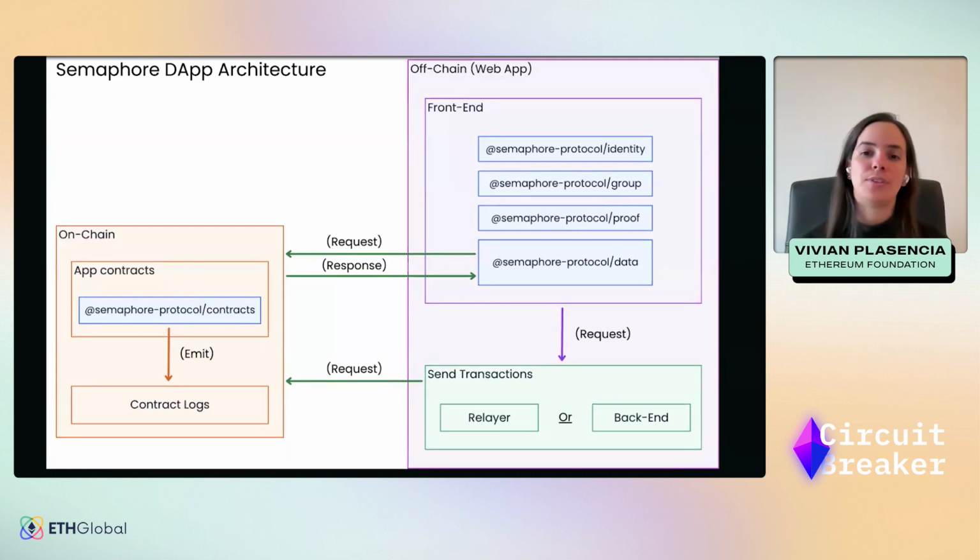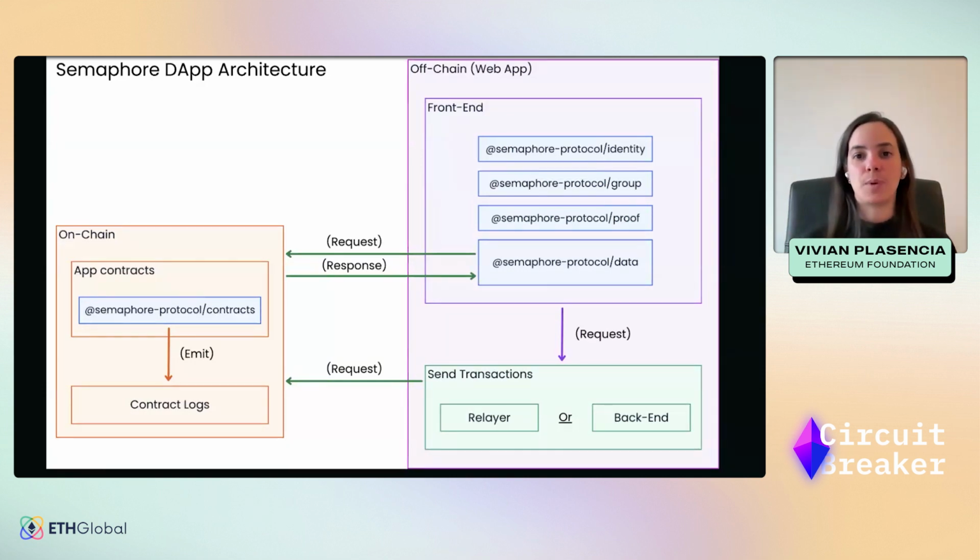We also have this other part, which is the off-chain part. In this part, you will have your entire web application and the front end. For this part, you will use the identity package to create the identities. You will use the group and proof packages to generate proofs, because to generate a proof, you need to recreate the group using the logs. And we also need the data package to query these logs.